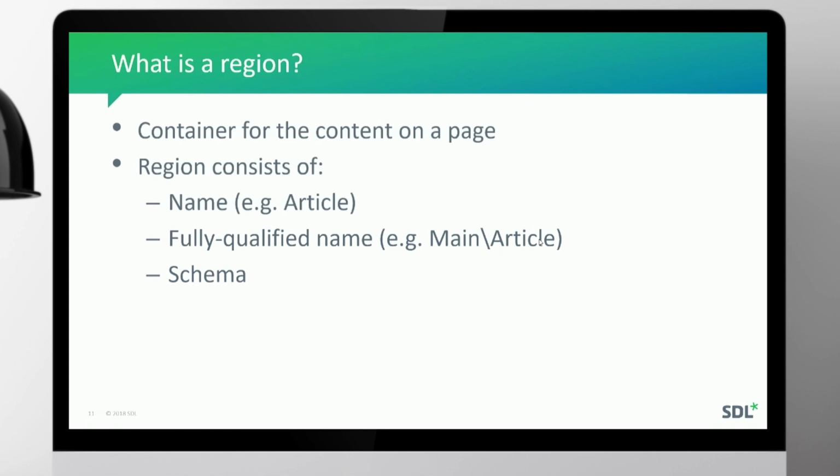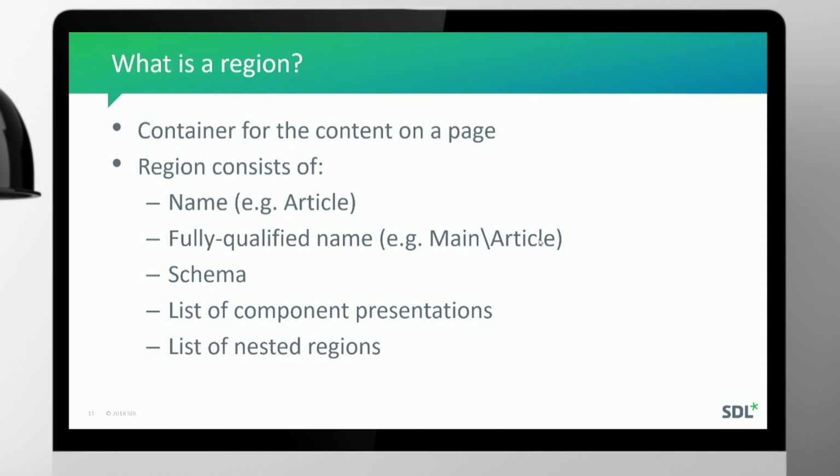A region also has a schema. There is a new subtype of region schema, and of course it has 0, 1 or more component presentations, and each region might also contain nested regions. So it is a tree structure.